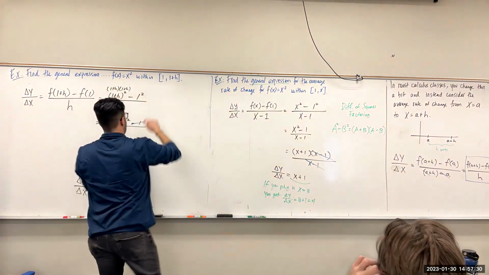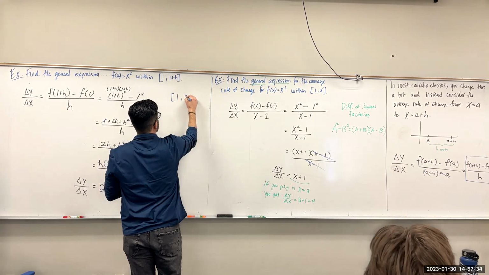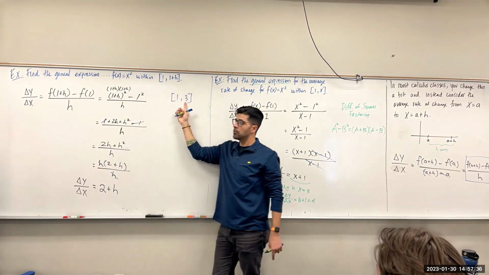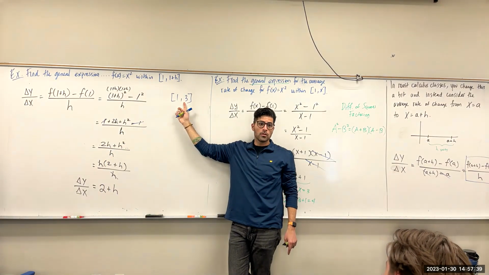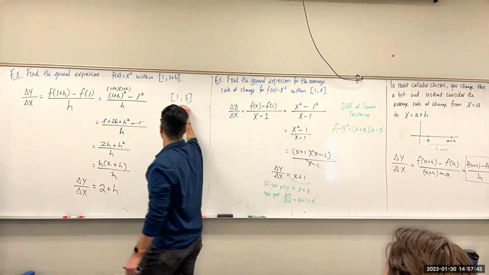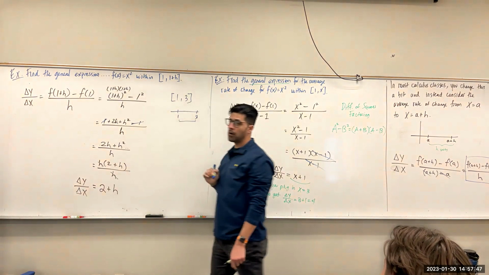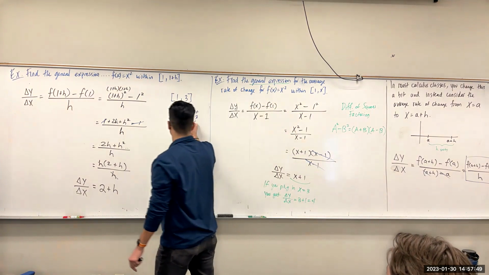What if I said, what is the average rate of change from 1 to 3? How many units away is 3 from 1? 2. So what's h in this case? From 1 to 3, what's that gap there? How far apart are they? They're 2.